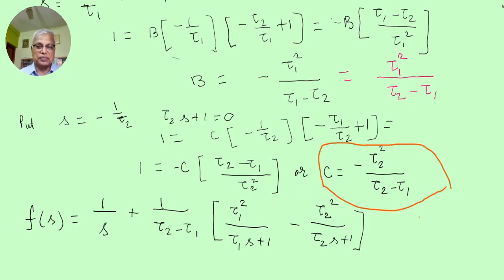So I wrote 1 by tau 2 minus tau 1, and tau 1 square. B's numerator is tau 1 square by tau 1 s plus 1. C's numerator is minus tau 2 square, so minus tau 2 square by denominator tau 2 s plus 1.